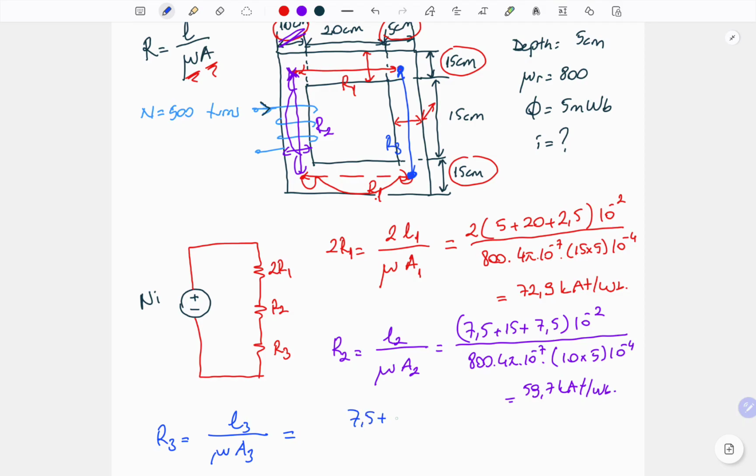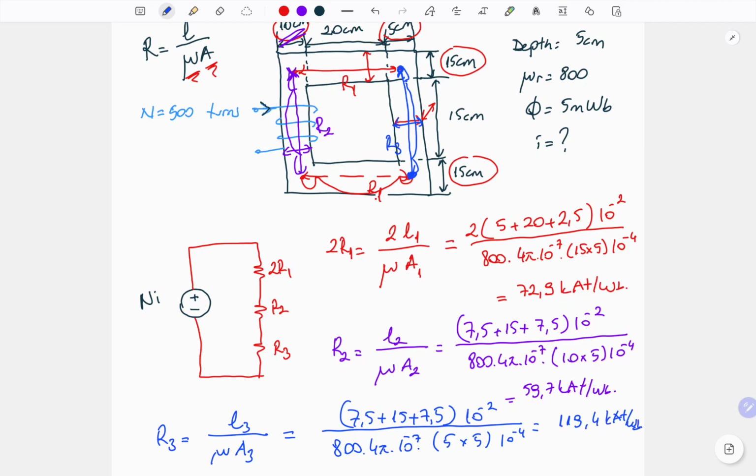And we must write the same values because if you start from the up, it will be half of 15, 15, and half of 15 again. For the denominator, only the cross-sectional area will be different. According to the given values, the width for this part is 5 and depth is also 5. So we have 119.4 kilo ampere turn over Weber.